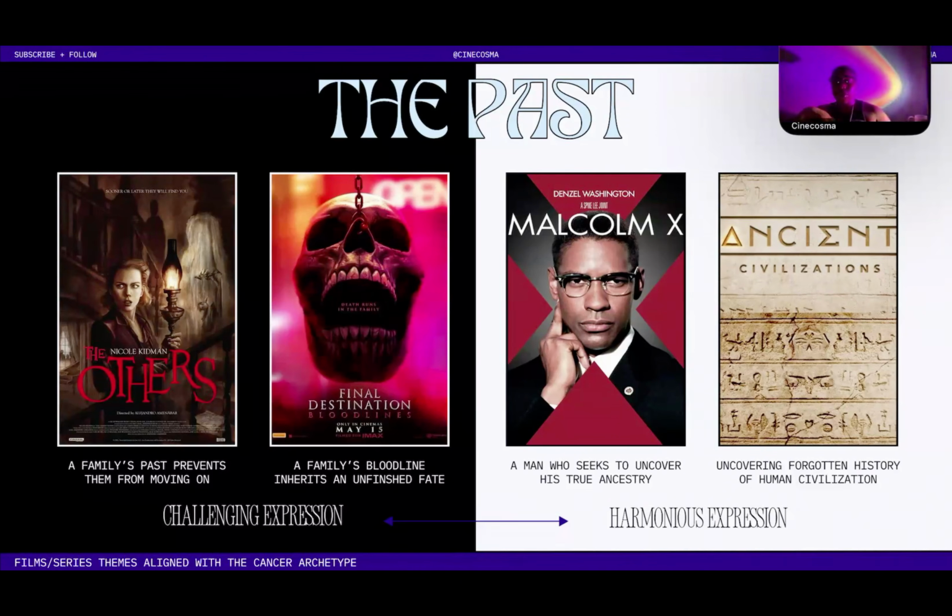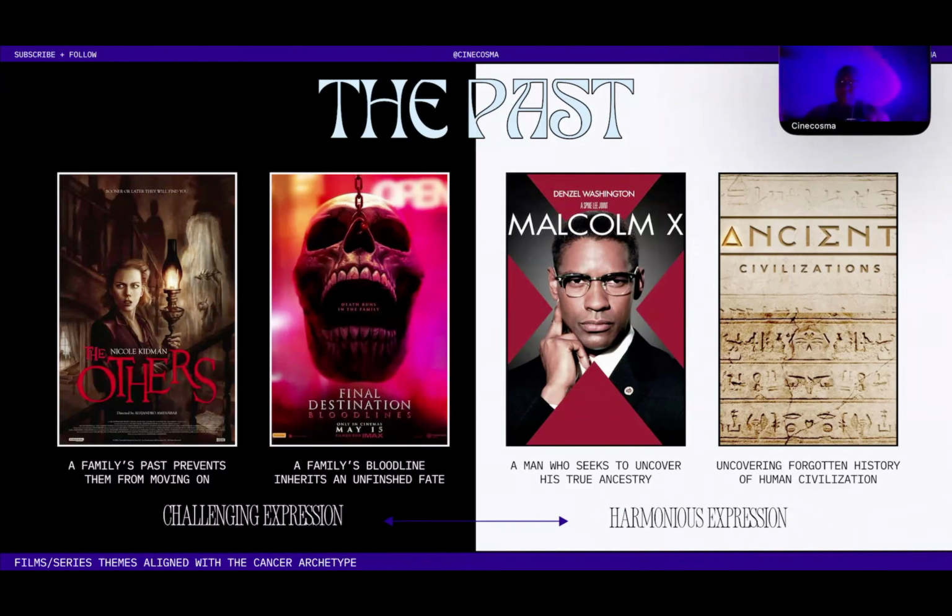And then she went on to have kids. She had a daughter, and then her daughter had kids. And so now death is coming to wipe out the whole family because the grandmother was initially supposed to die. That is essentially what Final Destination Bloodlines is. And this is also another example of a story that starts off challenging and remains challenging by the end of the story. And you'll see why if you go watch it.